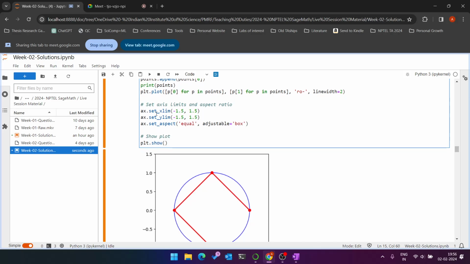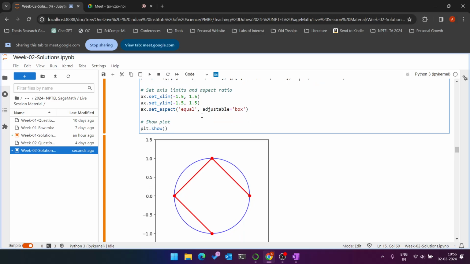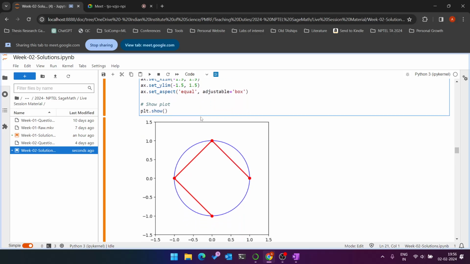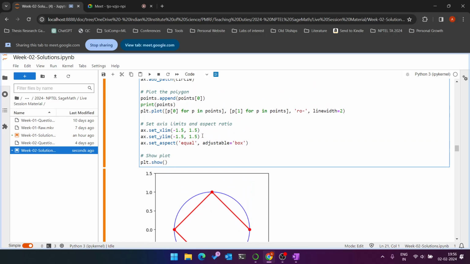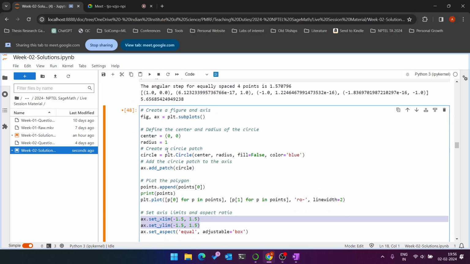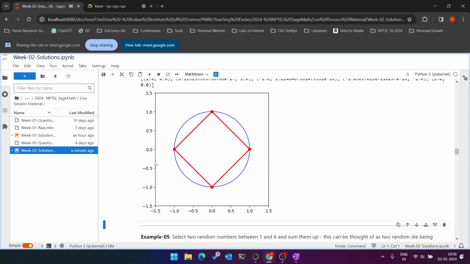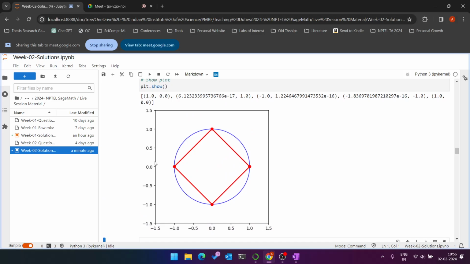I will set my x-axis and y-axis limits to -1.5 and 1.5 and set the aspect ratio to be 1, and then I'm printing it. So you could find this ax.set_xlim, ylim, set_aspect, as well as add_patch, all those things once you explore all the methods which come in the matplotlib.pyplot module. So this is how my four-sided polygon looks like.